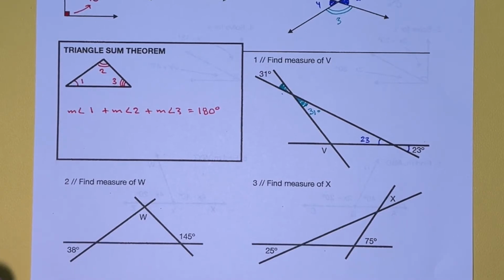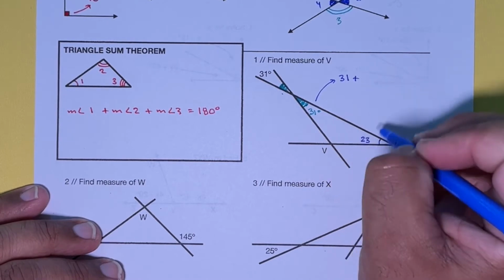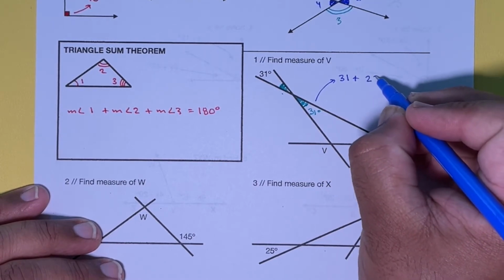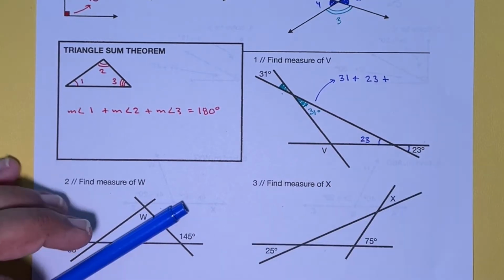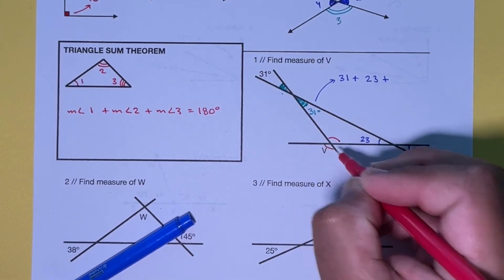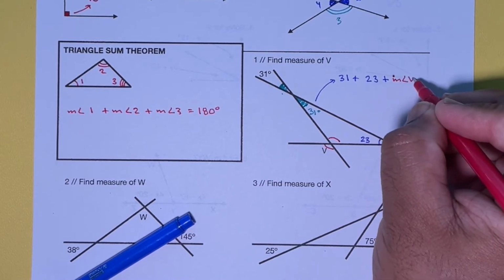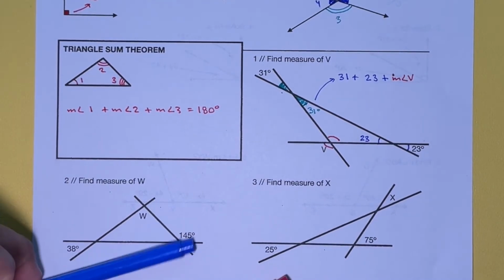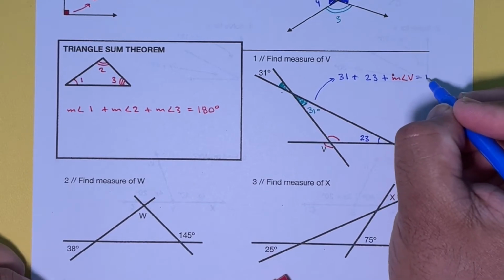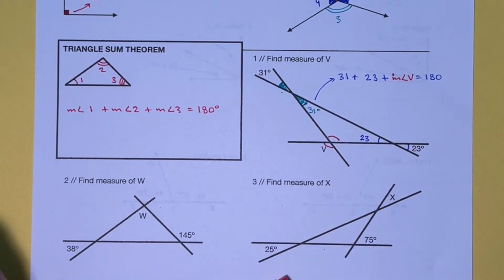So I've got 31 plus 23 plus this angle right here, which is the same as angle V. So I'm going to call that measure of angle V. That's all equal to 180 degrees because those are the three angles within a triangle.